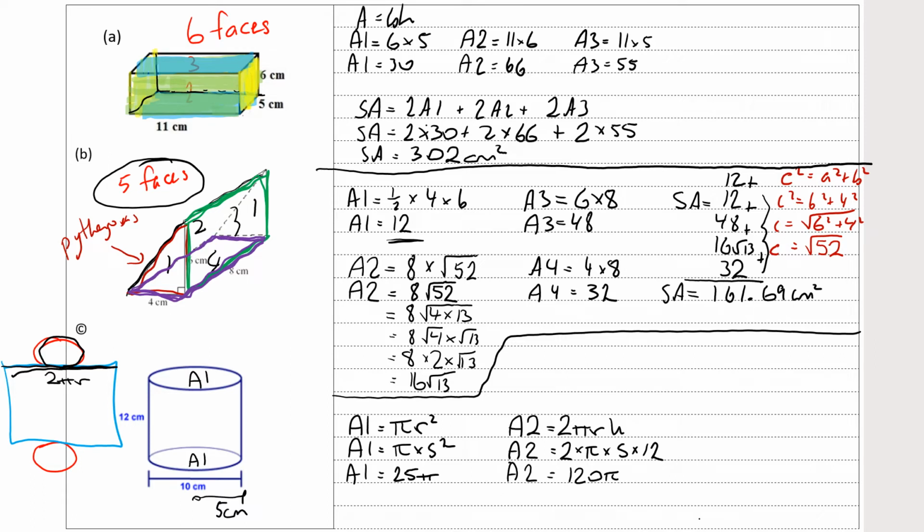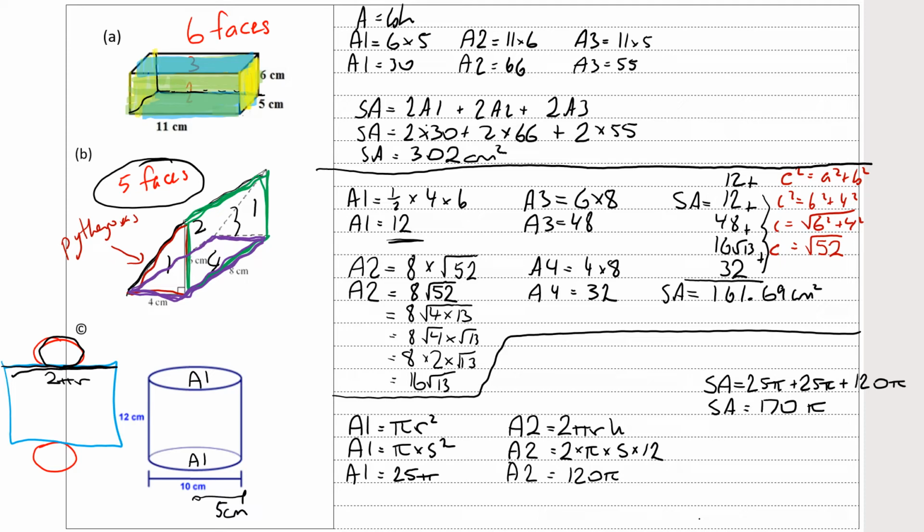So if we were to add all of our areas up, surface area equals, we've got 2 lots of area 1, so 25 pi plus 25 pi plus an area 2, which is 120 pi. So altogether, we have 50 pi and then 170 pi. So that's an exact form.